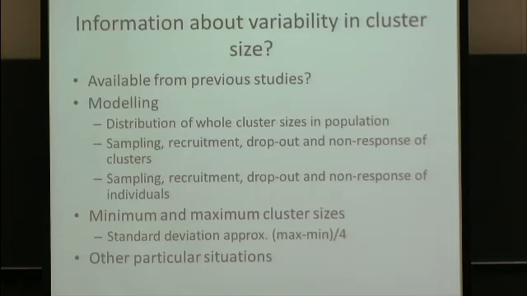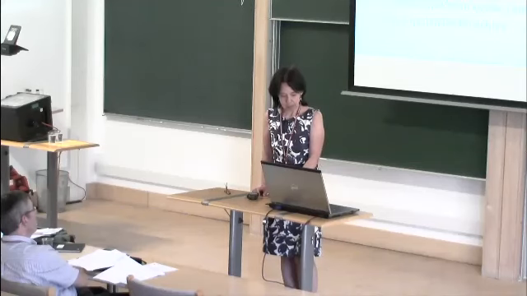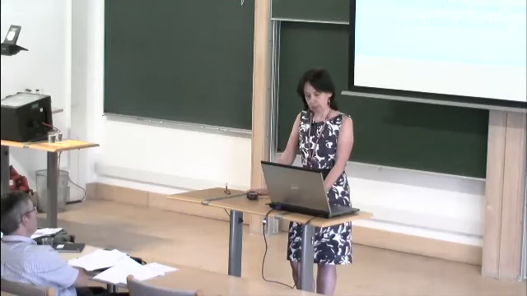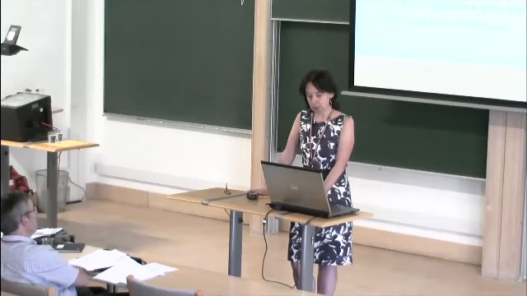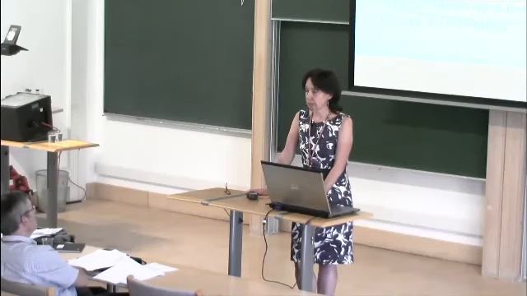One of the other ways in which you can estimate the variability in cluster size is simply to try and estimate your minimum and maximum cluster sizes, work out the standard deviation from that, and then get your coefficient of variation from that. And actually that's the method in most of the trials that I'm dealing with now. That's the method that I use.